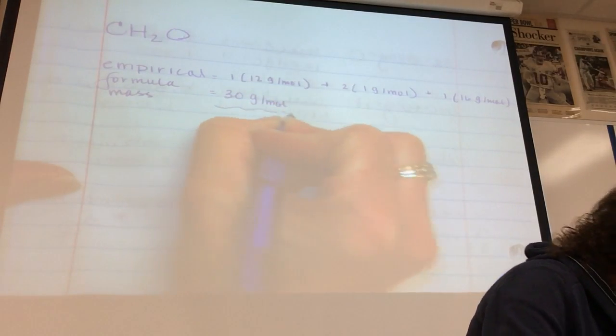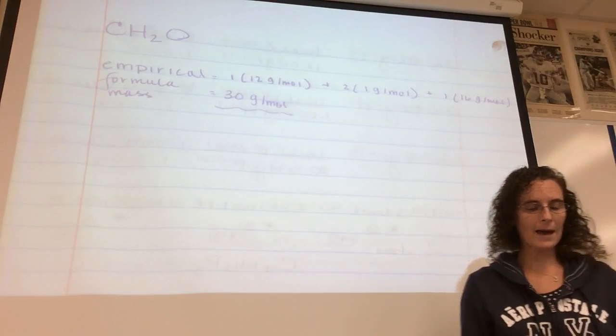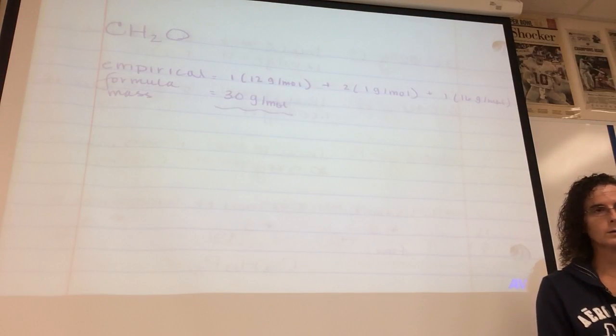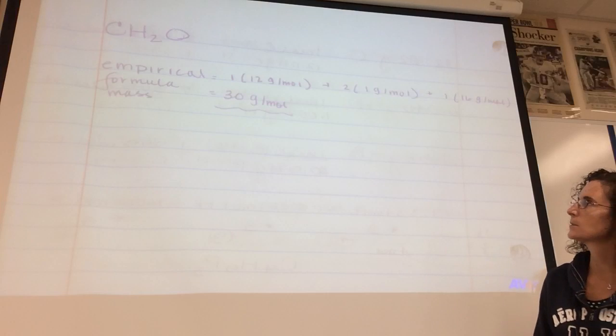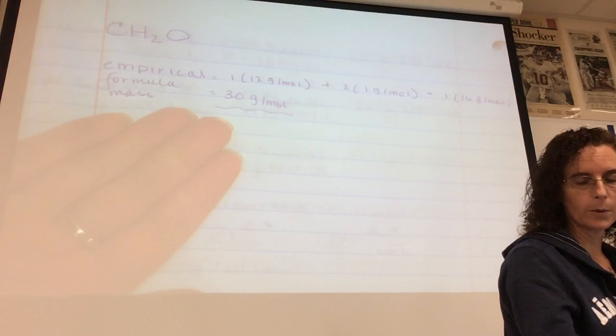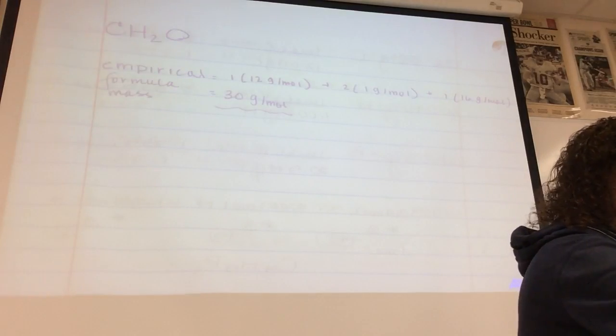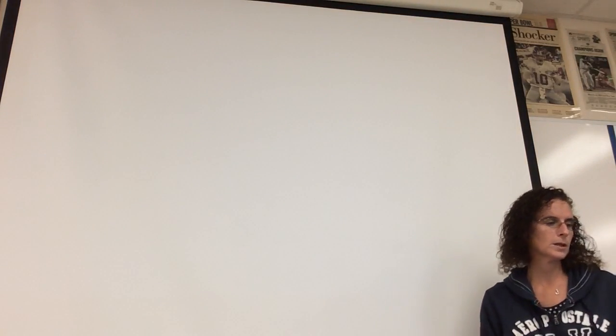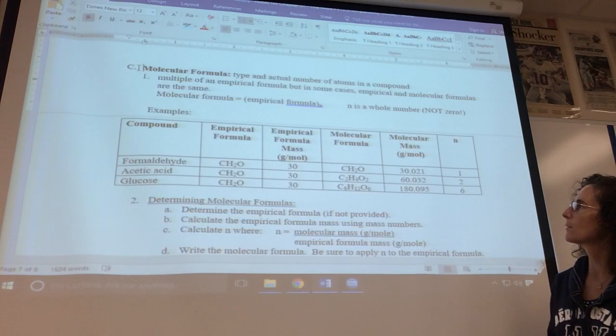So the empirical formula mass is the mass of 1 mole of empirical substance. So each of these substances has an empirical formula mass of 30 grams per mole. That's how you determine empirical formula mass, very straightforward.